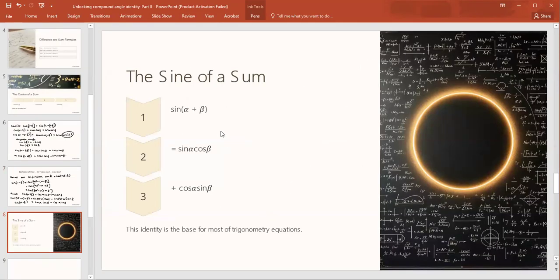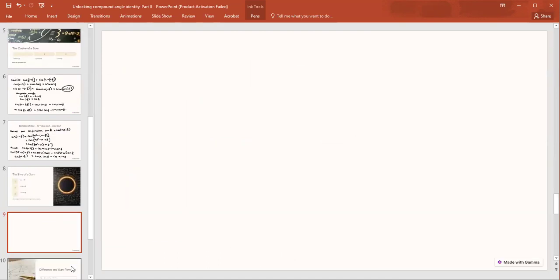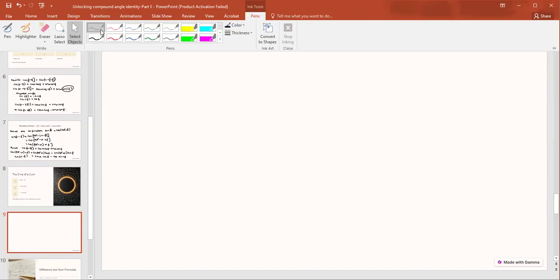Remember, in one of our slides, we did mention that sine of alpha plus beta is equal to sine of alpha times cosine of beta plus cosine of alpha times sine of beta. How do we prove this? So here we're going to use our previously proven identity.